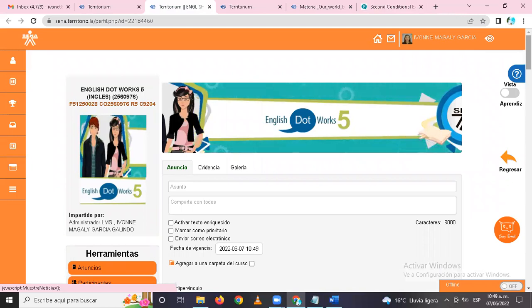Bueno, lo que yo puedo ver, la estructura, es que después del would, el verbo va en base form. Bare form, sí, bare infinitive. Infinitive is the same as base form, yes?